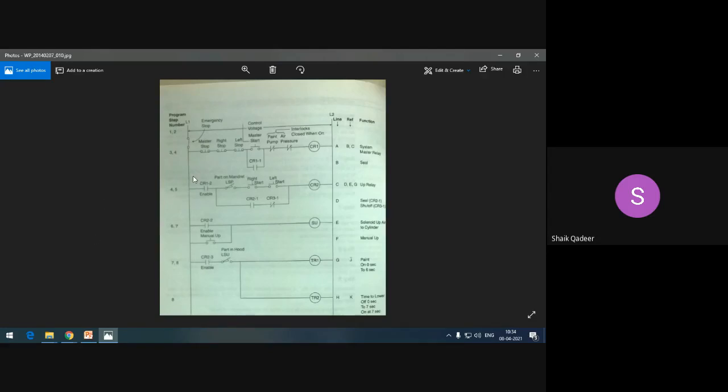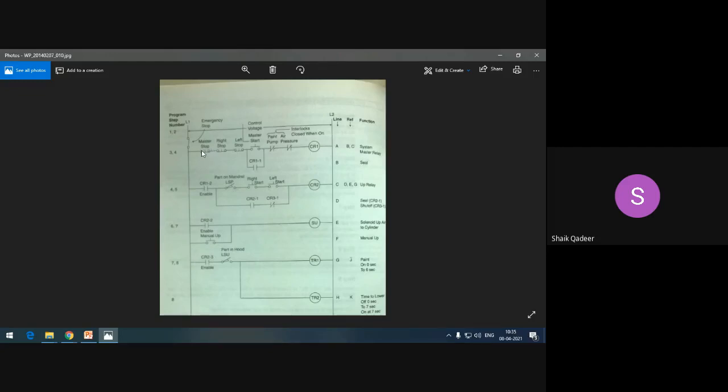You remember, I already explained in the spray painting system, the first step needed is sensing of pressing of the master start button, and also we need to seal it. We know that there are two types of master buttons: one is stop, another one is start. So we need to check when no stop is pressed.